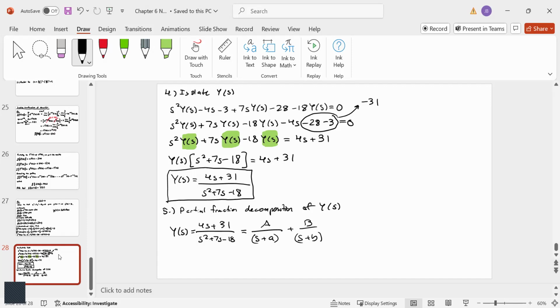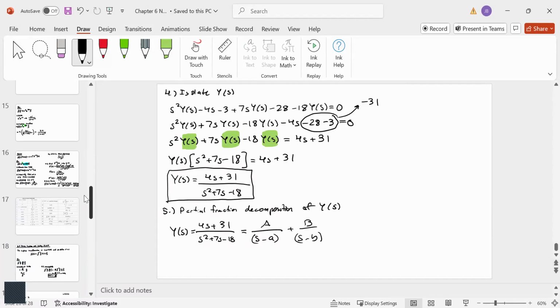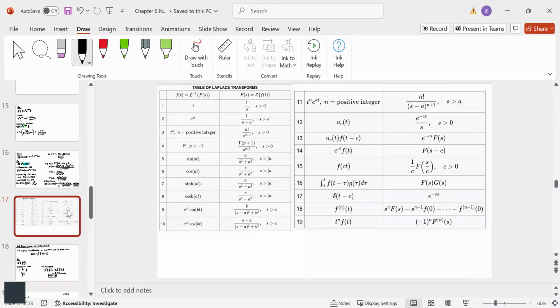And you might be thinking, why would I want to do that? Sorry, I'll do minus because it doesn't matter. It's all the same. Well, I want you to think about it. If we go back to our table, go all the way back to our table, does our table have any forms for a number over s minus a? e to the at, right there. That's why we're doing it, because that's converting it into a form on the table.